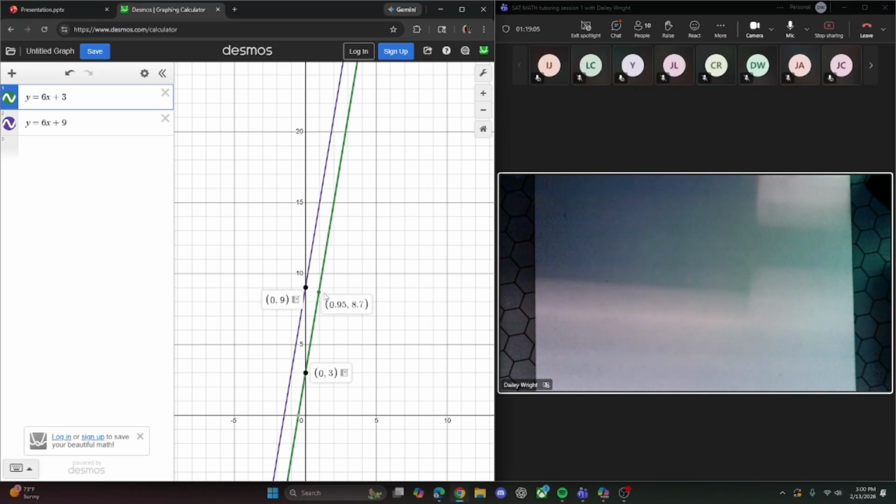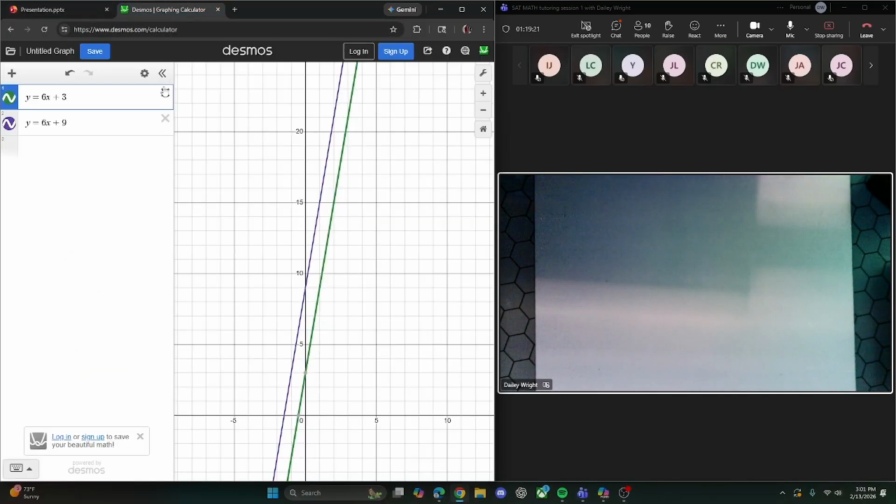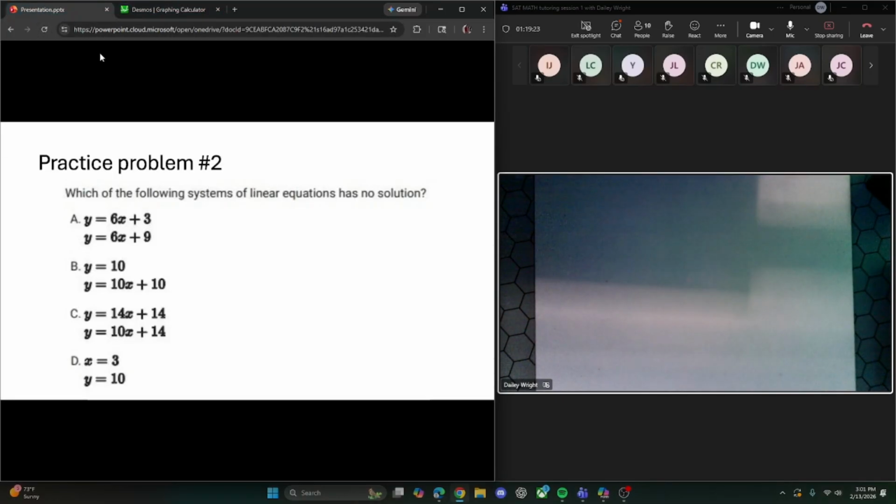So basically, if they have the same slope and they have different y-intercepts, they can never collide. So I automatically see same slope, different y-intercepts as soon as I go into this problem. Bang, this is a 10-second problem once you know that.